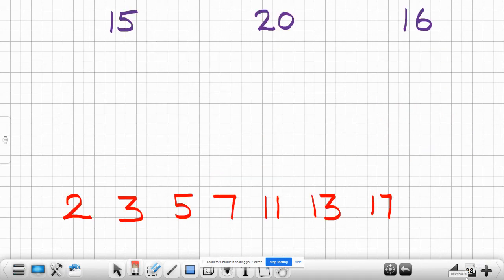But let's have a look at some numbers. Any number can be written as a product of its primes. Any number can be broken up into a product of primes. You can think of it as the number's DNA. So let's think about 15.